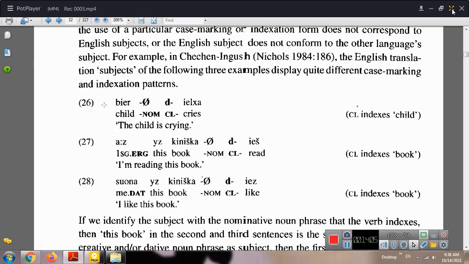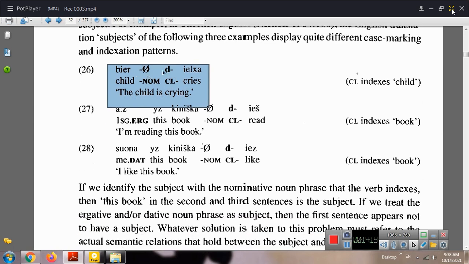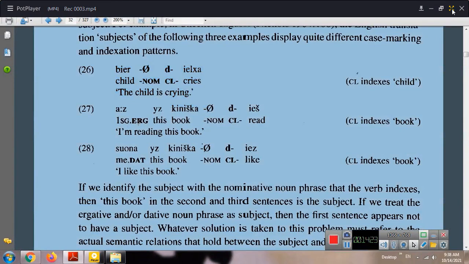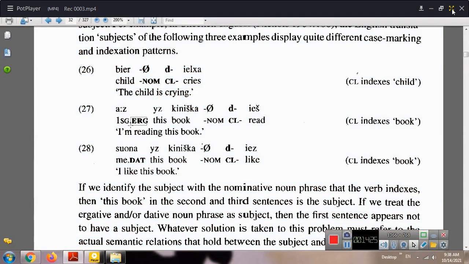Okay, here we can see in this language we have this marker which shows nominative and it is collective, meaning the child is crying. Or here this marker which shows the first person singular: I'm reading this book.